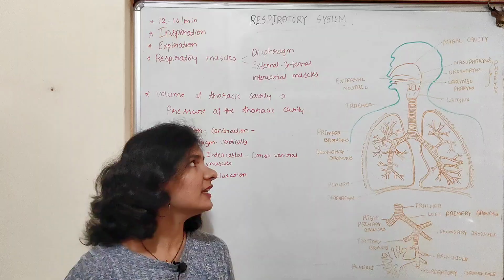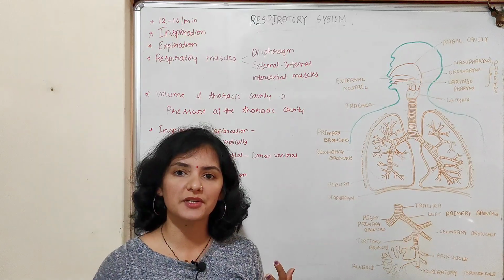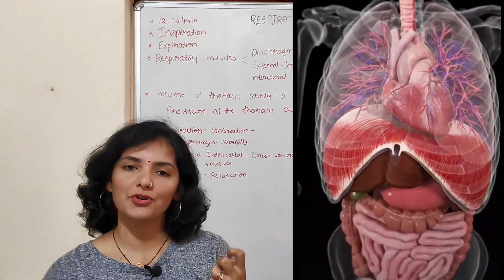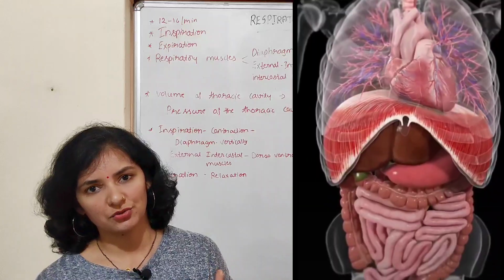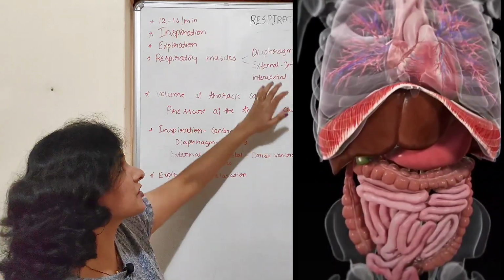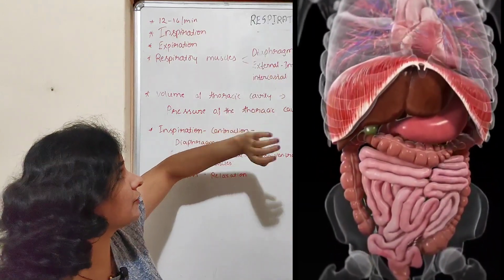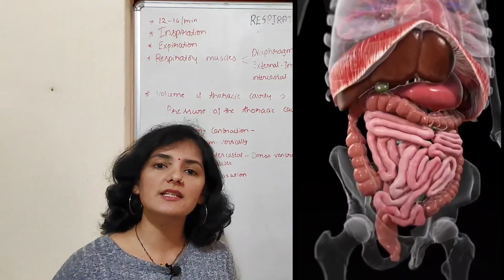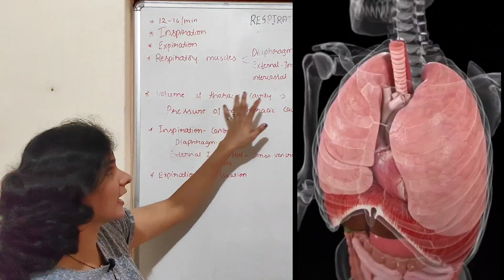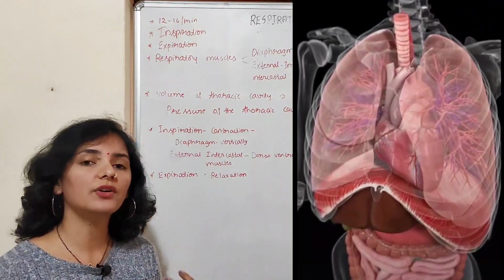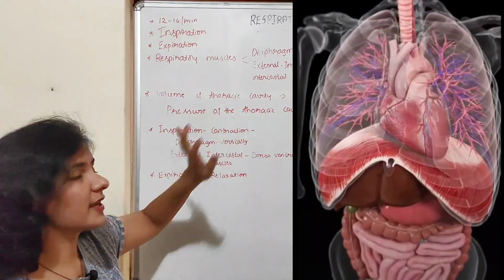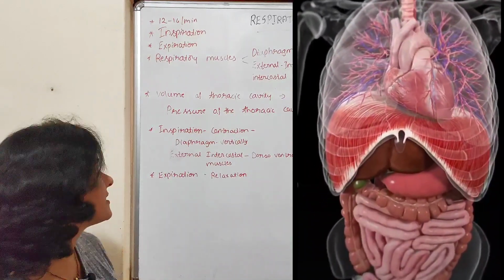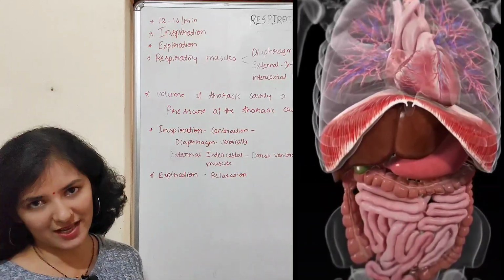But how exactly do these two sets of muscle create a pressure? Yes, it is by contraction and relaxation of these muscles. Upon contraction and relaxation of the muscles of the diaphragm and the external and internal intercostal muscles, there will be an increase or decrease in the volume of the thoracic cavity. In turn, it is related to the pressure of the thoracic cavity.